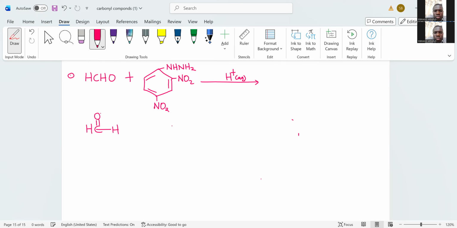There are lone pairs of electrons on oxygen that can be donated to the hydrogen ion. Here, in the presence of the hydrogen ion, we start with the protonation. So now hydrogen goes to that oxygen. So we have HC double bond with oxygen.